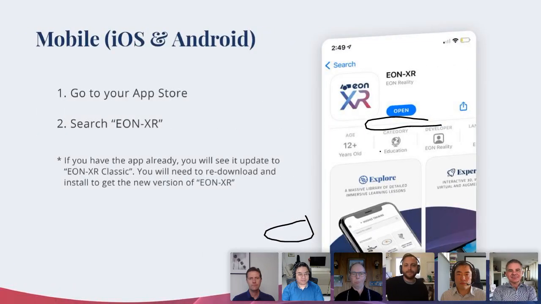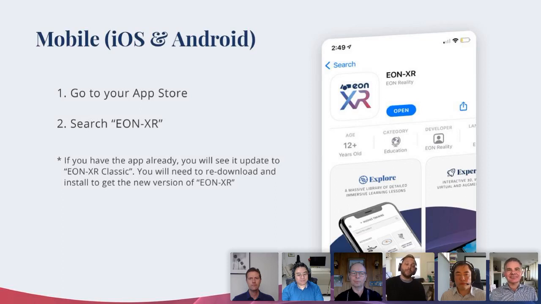Let's go to mobile. If you're on a mobile device, iOS or Android, you're going to start by going to your App Store, be it the iOS App Store or the Google Play Store, and search EON-XR. As of today, the 9.0 version is available, and it is called EON-XR.